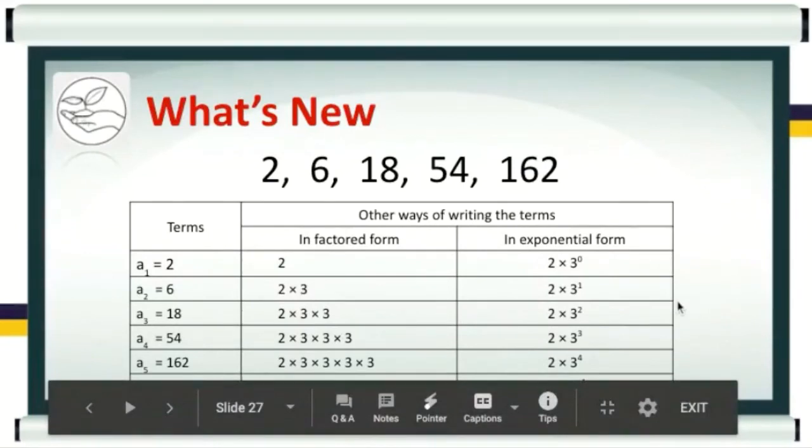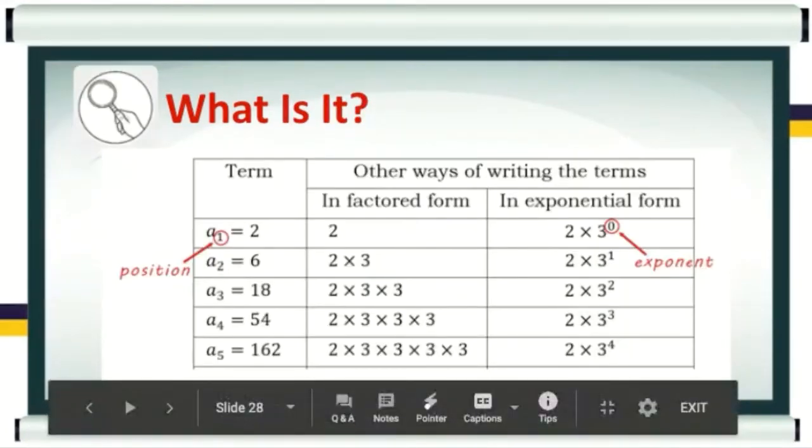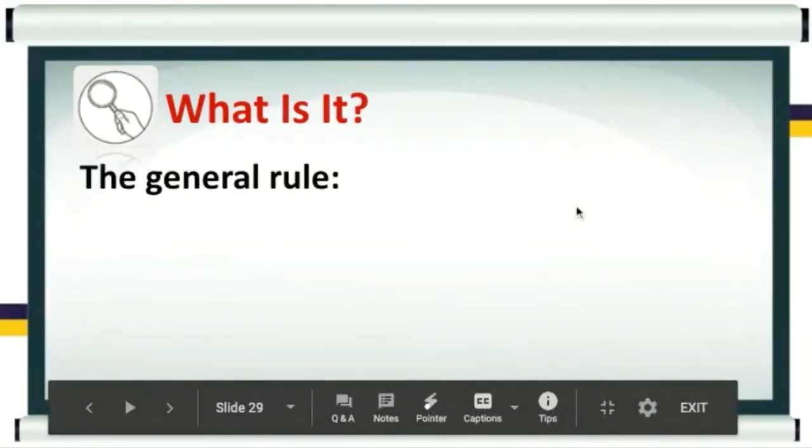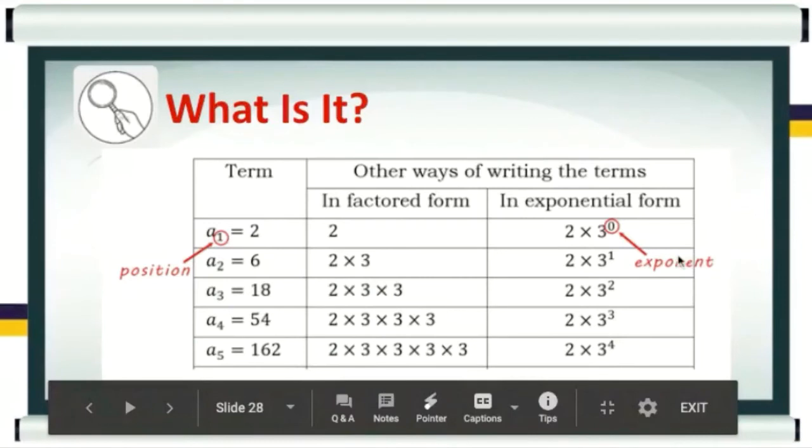Why n minus 1? We don't know what term it is. Remember also that we are looking at the exponent which is less than 1 to our position. That is why the number is n minus 1.